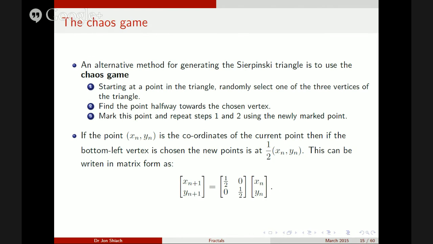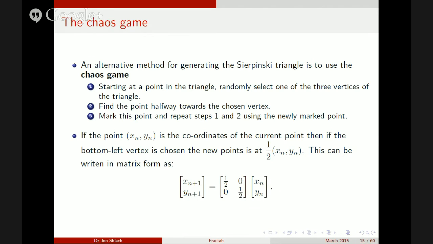I was going to say flip a coin, but obviously you need a random number, so use a random number generator. If your random number is less than a third, you choose one point. If it's between a third and 2/3, you choose the other. Then you find the point halfway between the point you're currently at and the corner of the triangle you've chosen, and you mark that point.